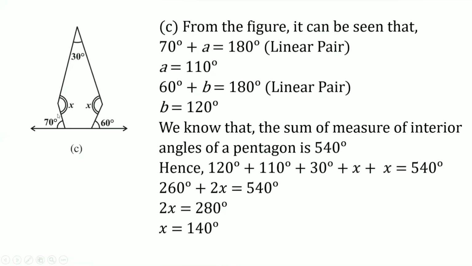As we have calculated earlier, the sum of the interior angles of a pentagon is 540 degrees. So 120 plus 110 plus 30 is 260, plus x plus x, which is 2x. So 260 plus 2x is equal to 540.